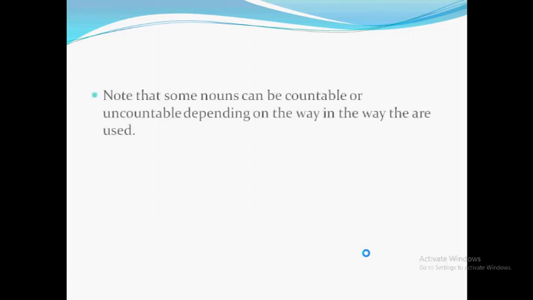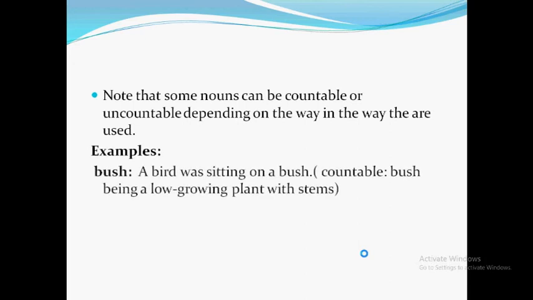Okay, now I want you to take note that some nouns can be countable or uncountable depending on the way in which they are used. Let us look at the example of bush. Here is a sentence. A bird was sitting on a bush. What kind of a noun is this?